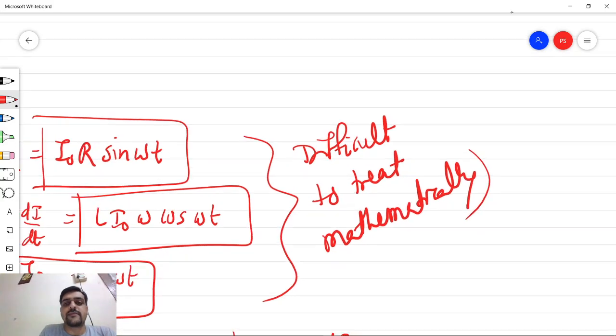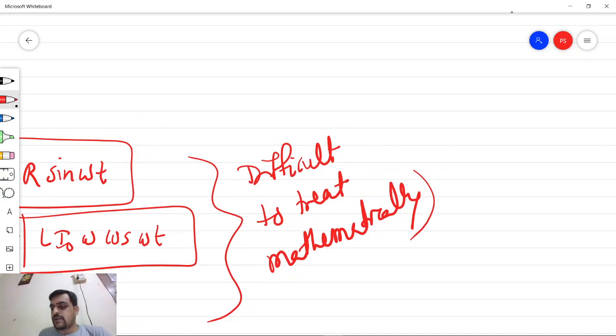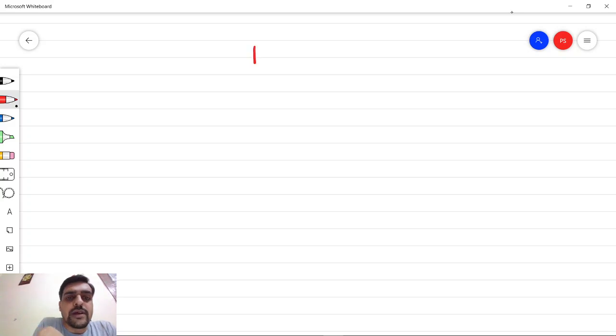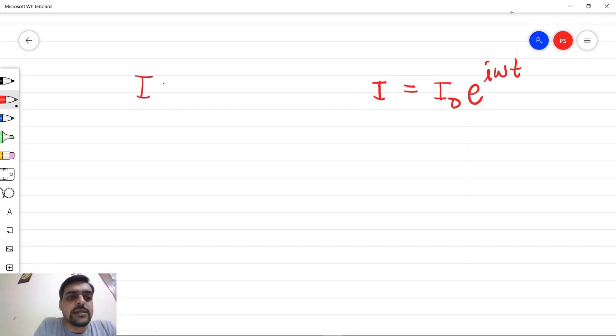So instead of this method, we can introduce a much simpler way, and we will assume the I to be equal to I0 e raised to i omega t. Earlier we had this expression as I0 sin omega t, right?